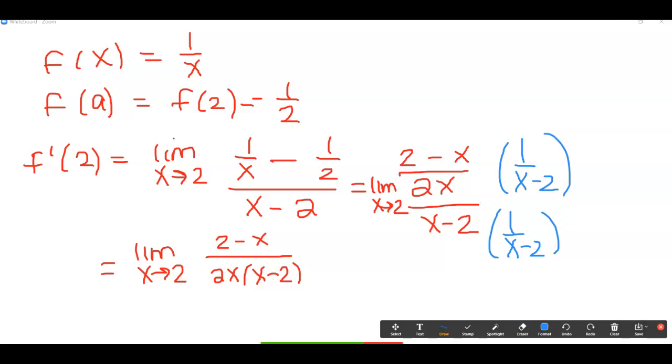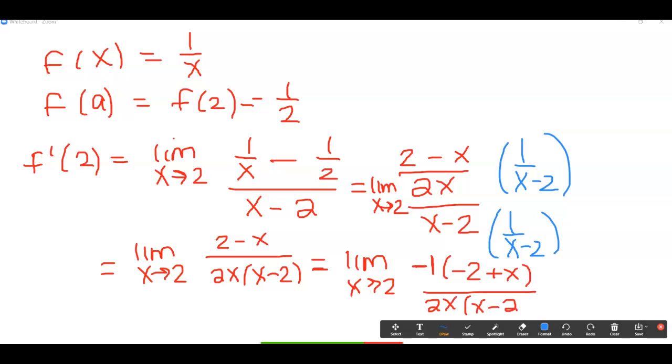Now, here's where the factoring and algebra become a little bit challenging. What we need to do is take out a GCF of a negative from the numerator, thus making this the limit as x approaches 2 of negative 1 times negative 2 plus x, all over 2x times x minus 2.